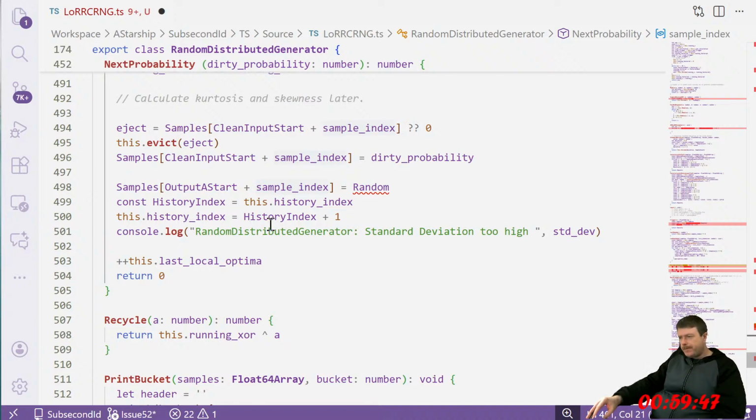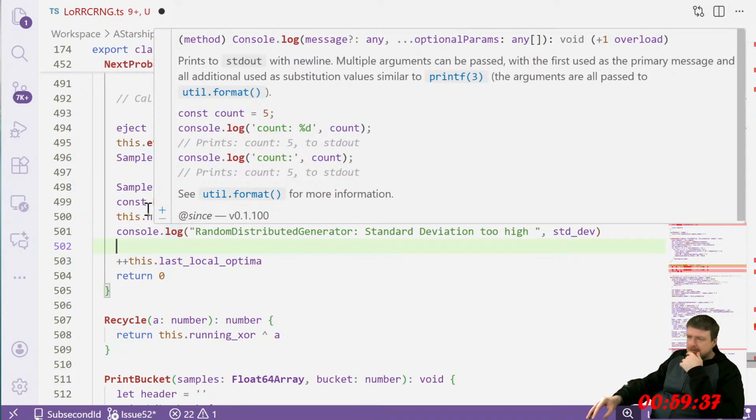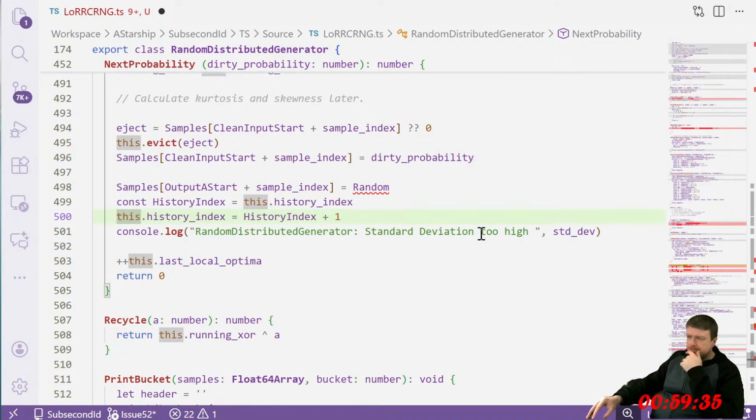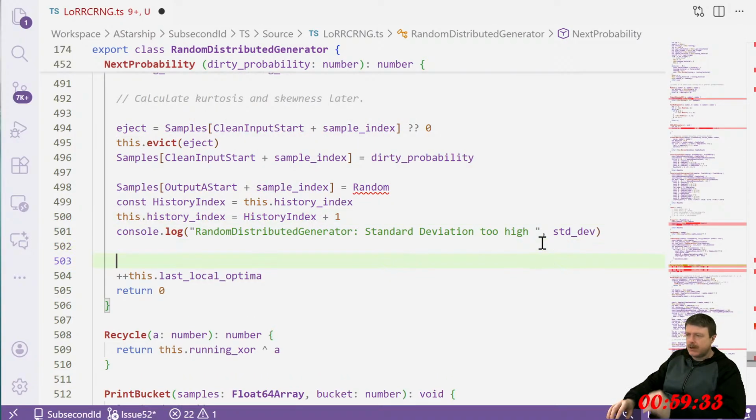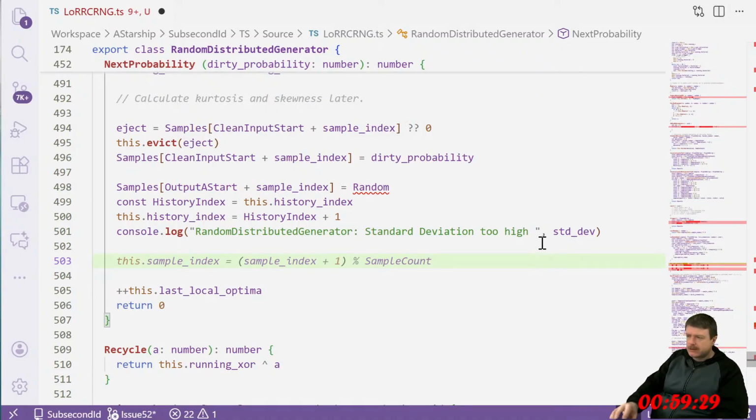Okay. History index. This isn't the same thing, but what do I got to do? What index? Mod sample count.